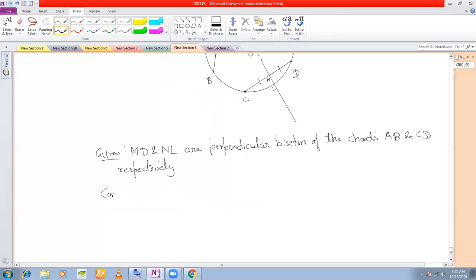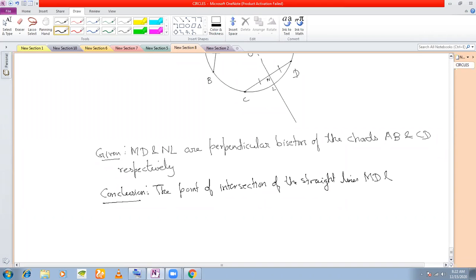You can conclude the point of intersection of the straight lines MD and NL is O, the center of the circle.